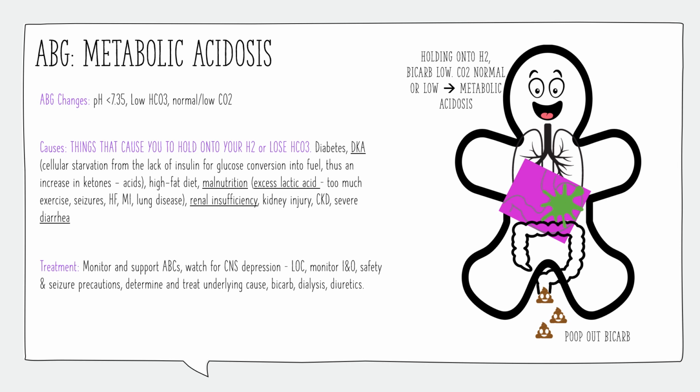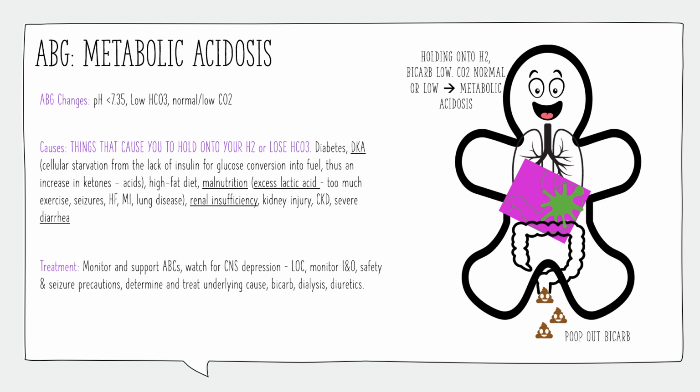The problem here is going to be with that acid in your stomach. What are things that cause you to hold on to your hydrogen or lose your HCO3? Well, diabetes, DKA, diabetic ketoacidosis, can put you into metabolic acidosis.